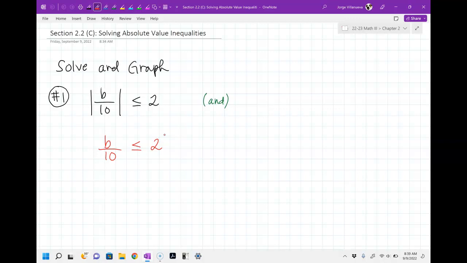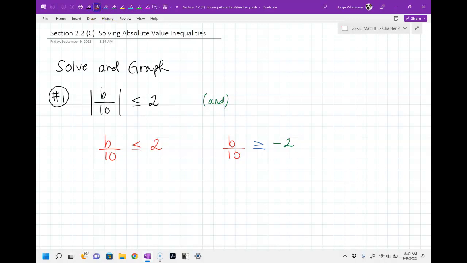Now my other one is B over 10 is greater than or equal to, and remember, I have to switch the symbol and then switch the sign on the number, so negative 2. So you switch the symbol, you switch the sign.